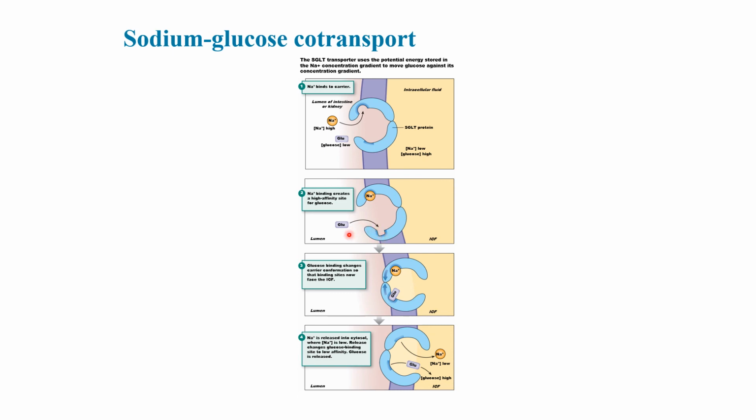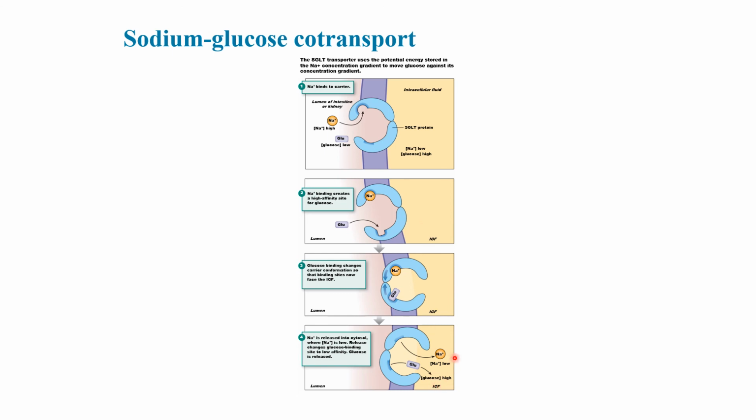And so glucose, think of it as it's getting a free ride. So once the sodium latches on, glucose quickly binds to the carrier protein at the same time. And so the sodium moves from the high concentrated area to the low concentrated area. But the way glucose is moving, it's actually going from the low concentrated area to the high concentrated area.